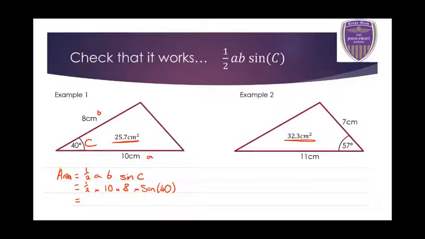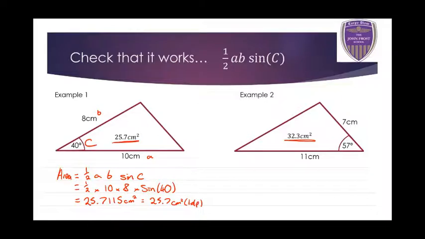On the calculator you would get 25.7115 centimeters squared, to 4 decimal places. Rounded to 1 decimal place, that's 25.7.